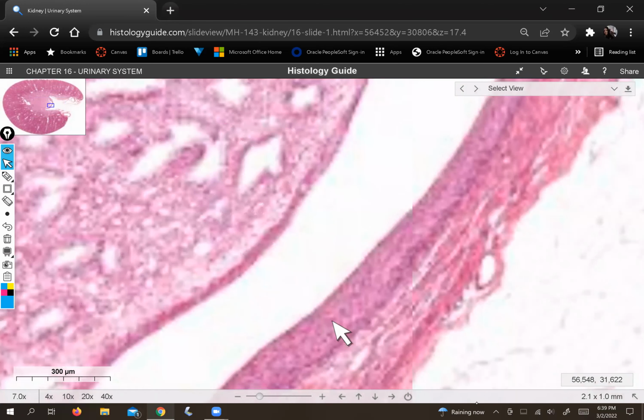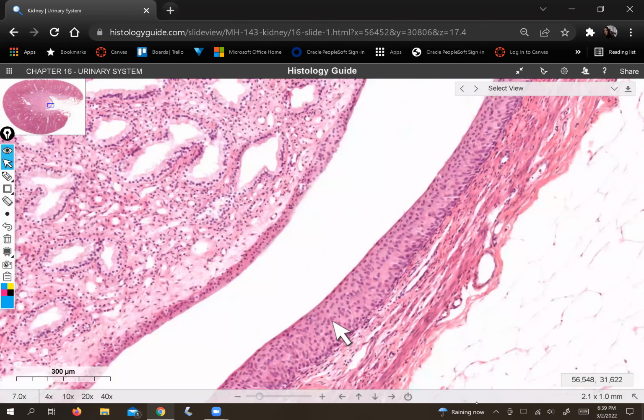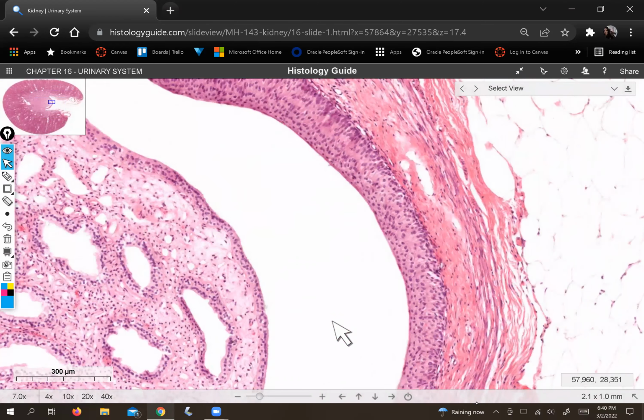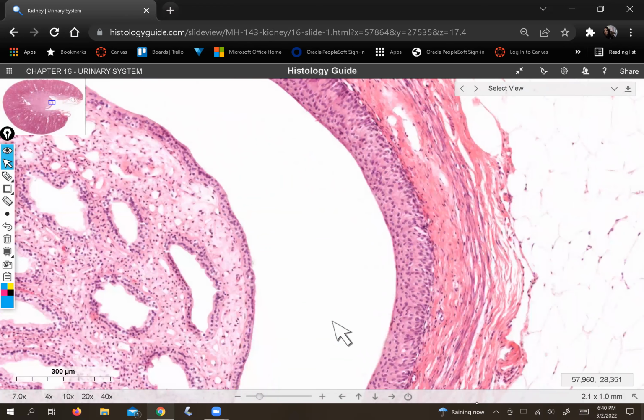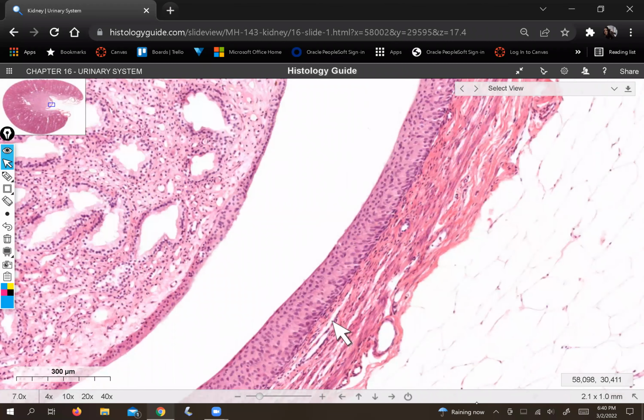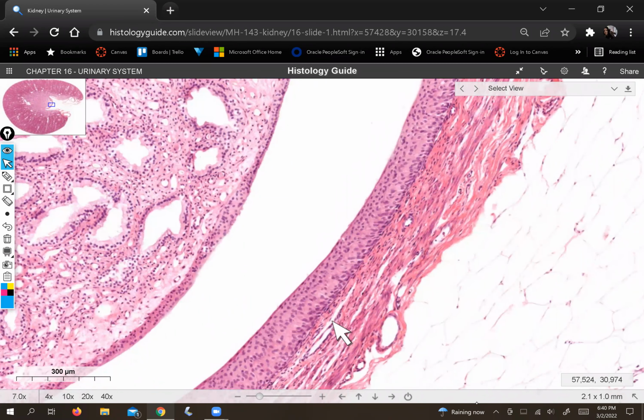And if we zoom even more in on it, we can take a little look at the epithelium and make some observations about it based on what the structure is.